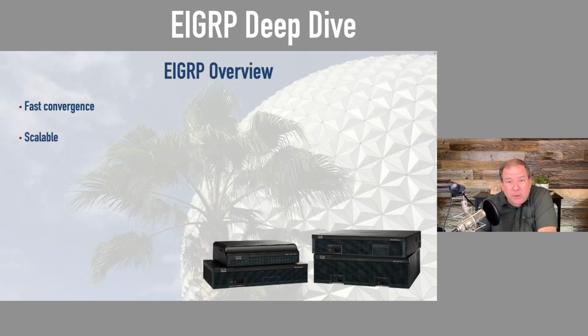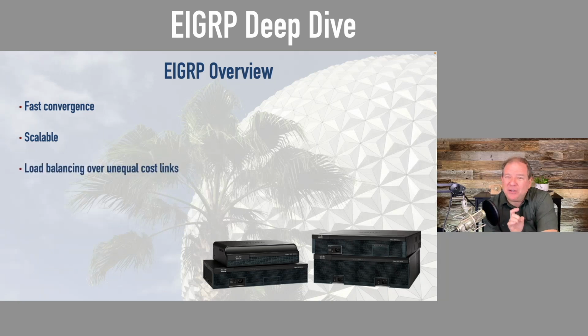And it is scalable. RIP, we know, is not very scalable. We've got that 15 hop count maximum, and then 16 hops are unreachable. So it is very scalable. I mean, that's as evidenced by Disney World. We had over 500 routers down at Walt Disney World, and yeah, all running EIGRP.